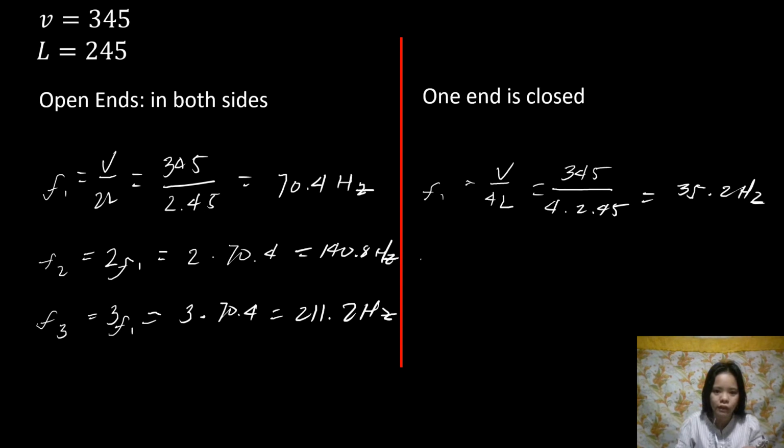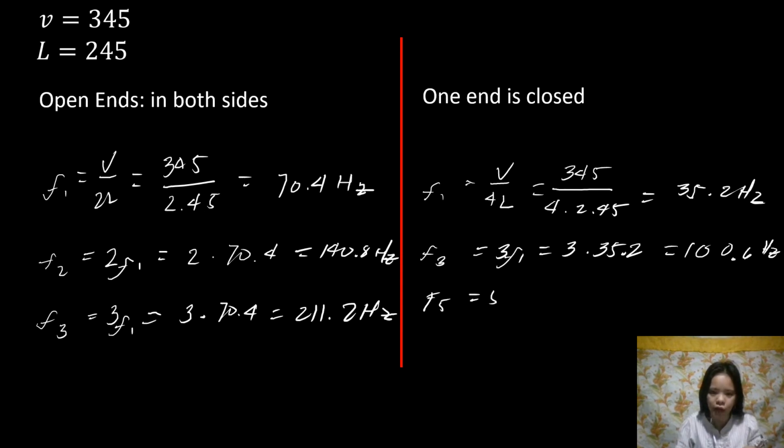For F3, it's going to be 3 times F1, which is 3 times 35.2, equal to 105.6 hertz. And for F5, it is equal to 5 times F1, which is 5 times 35.2, equal to 176 hertz.